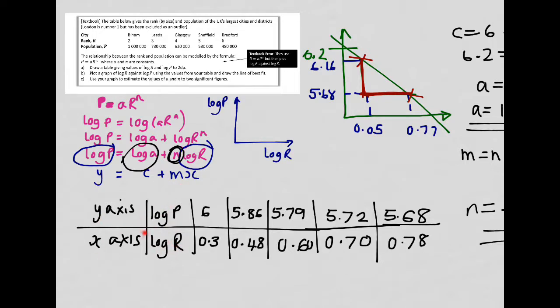Sometimes they will be the log of both of them and sometimes they won't. And it's only by doing this process you understand what you need to plot to get a straight line. Because remember, all of this is so that we get a straight line.